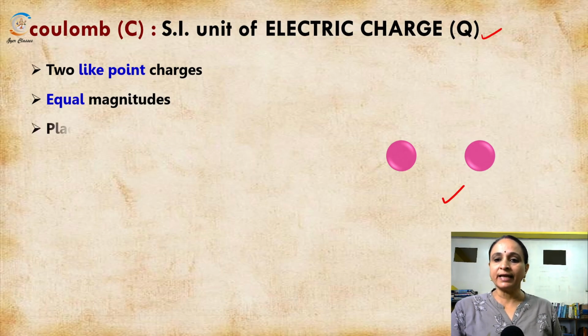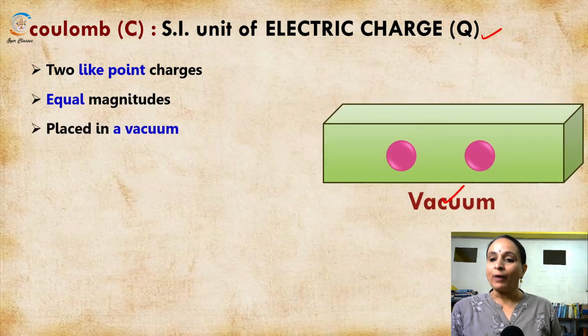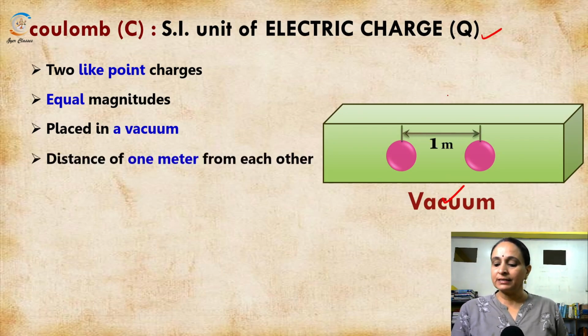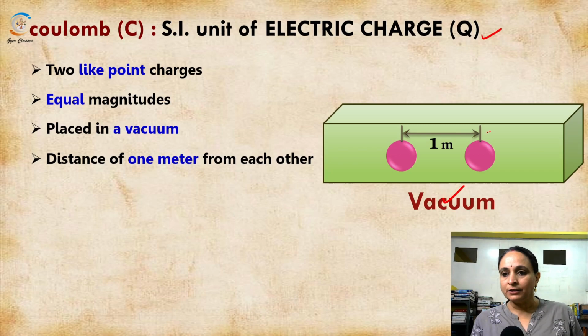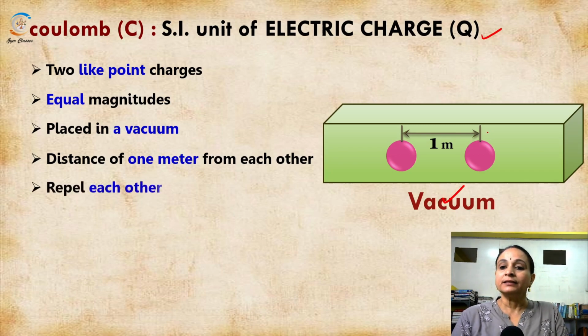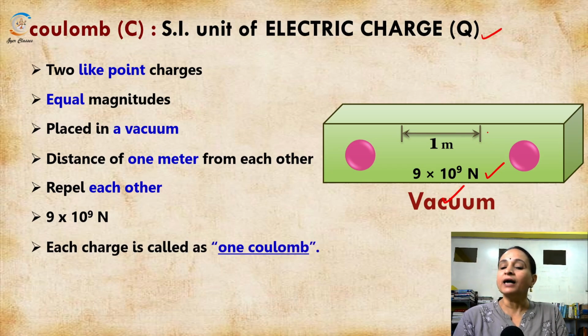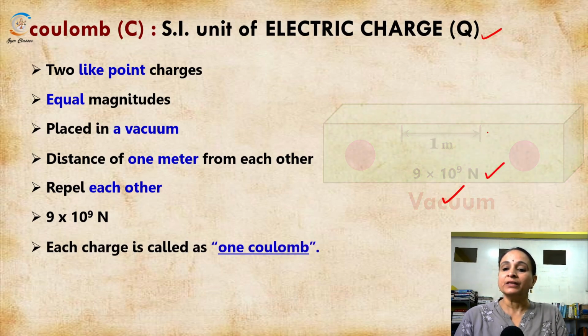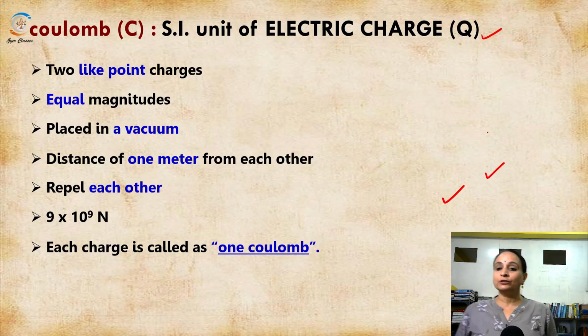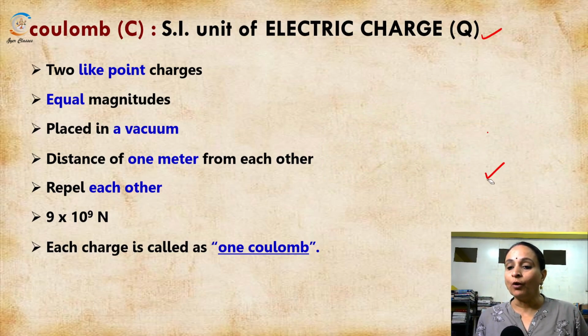They are placed in vacuum, and the distance between them is 1 meter, and they repel each other with a force of 9 into 10 to the power of 9 newton. Then each charge is called 1 coulomb. This is the actual definition of 1 coulomb of charge.